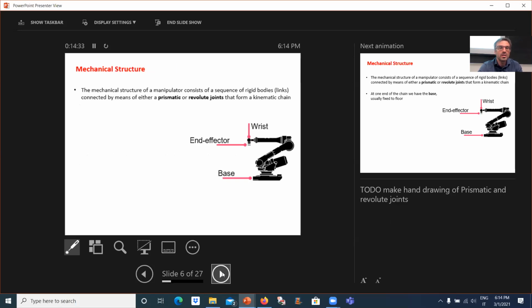The mechanical structure is a sequence of rigid bodies that are called links that are connected via joints. And these joints form a kinematic chain. And these joints can be either prismatic if they have linear motion, or revolute joints if they allow rotational motion between links.